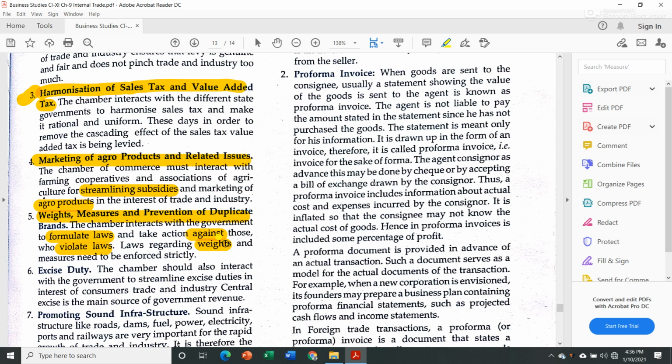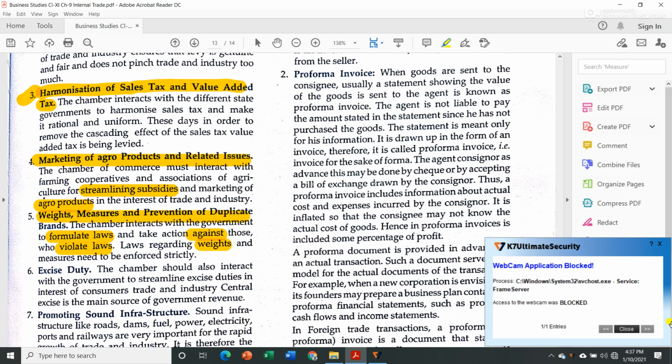There should be proper standards of weighing goods, like when a particular packet of a product says that it is 500 gram, why do we believe it? Because we know that they are genuine and it actually weighs 500 gram. So FICCI, along with the government, tries to make those rules and regulations on the basis of which proper weights and measures are enforced.